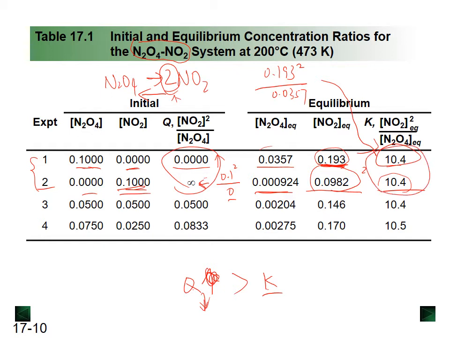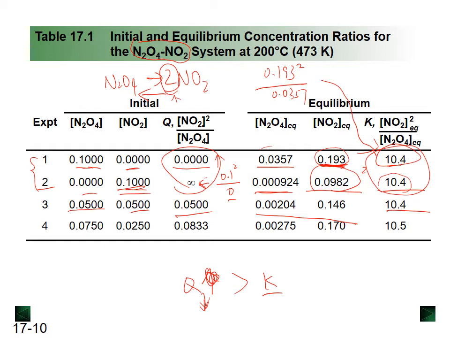When the reaction reaches equilibrium, the ratio of product over reactants is the same. We can also mix the same amount of reactants and product. You get Q of 0.05. When the reaction reaches equilibrium, the ratio is again 10.4.